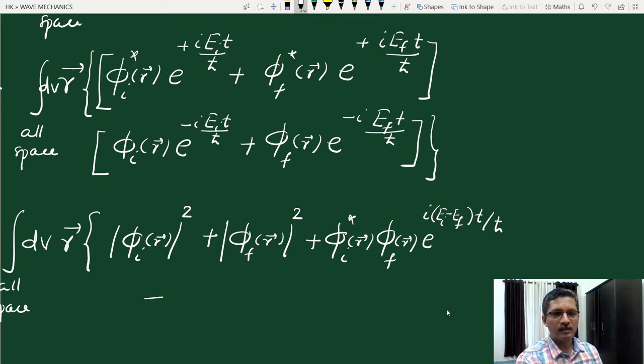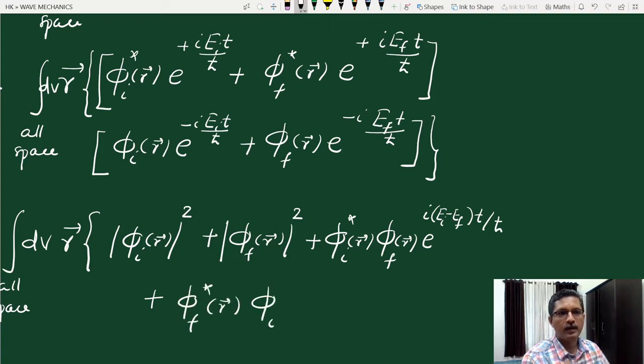Similarly, the other cross term is when you multiply phi f star e raised to plus I E f t by h cross with this one. Again the exponential terms will not cancel there, so what you get is phi f star phi I, and again I can take common terms outside.